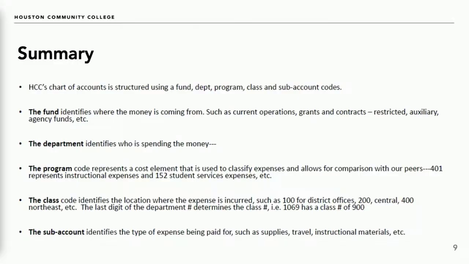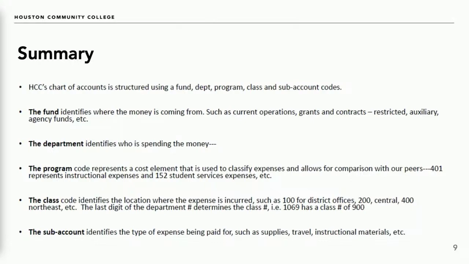The purpose of a chart of accounts in general is? Well, it serves quite a few purposes, but it also helps in identifying where we spend our money and who's spending the money.